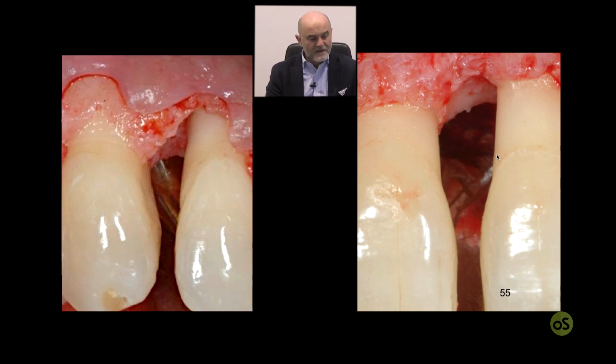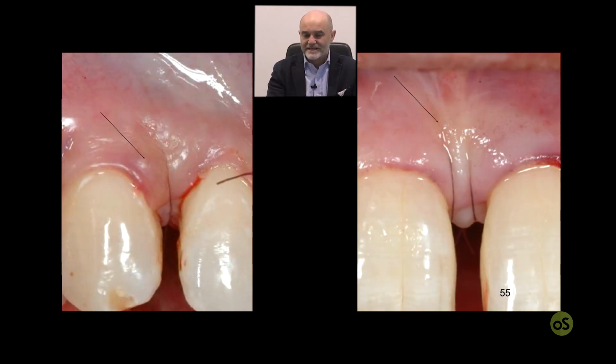While if you use the mucogingival approach, and that's the main advantage, where does the tissue that is closing first in tension above the intrabony component of the defect sit? It is exactly in the same position, because this does not depend on the position of the bone crest. Do you understand the concept?